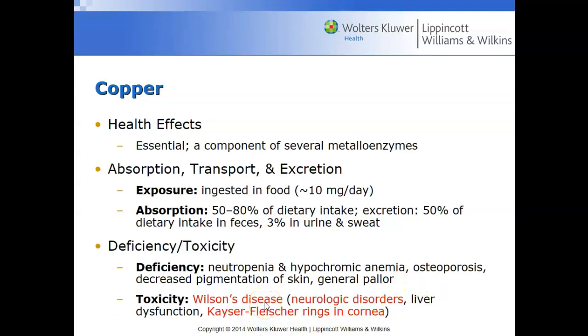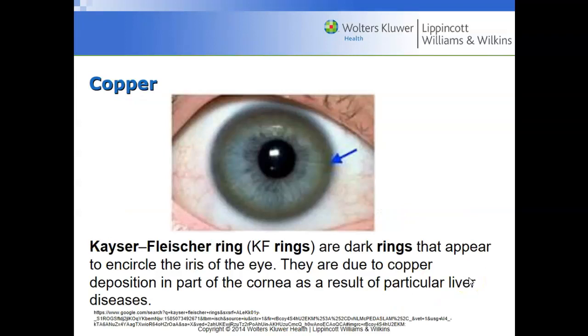Wilson's disease is when there's a problem with copper transport or copper breakdown, and it builds up in the nerves. You get neurological disorders, liver dysfunction, and something called Kaiser-Fleischer rings in the cornea. And I have a picture for you here.